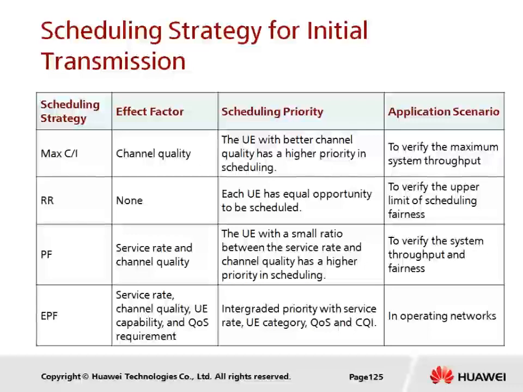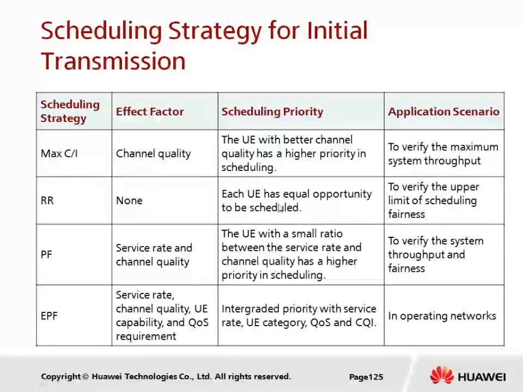The proportional fair scheduling algorithm considers the current service rate and the channel quality. So the user with a small ratio between the service rate and the channel quality has a higher priority in the scheduling.